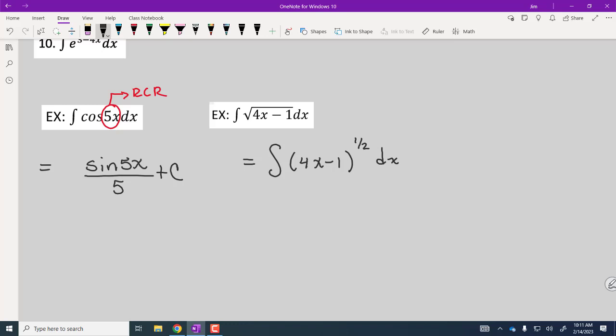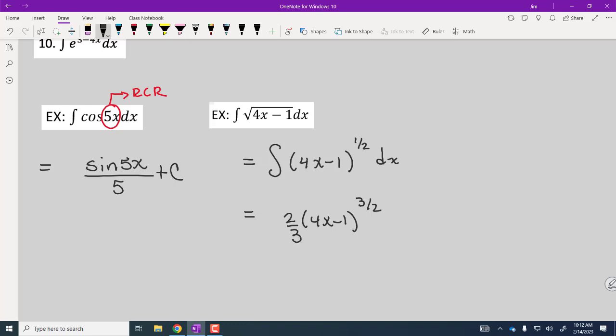When you see the exponent here, for most people, it jumps out a little bit easier that, oh yeah, we're going to add 1 to the exponent. So when we add 1, we're going to get 3/2. Oops, we don't need the integration symbol anymore. We are integrating. So add 1 to the exponent, leave the base alone, divide by the new exponent. That gives us this 2/3 in front.